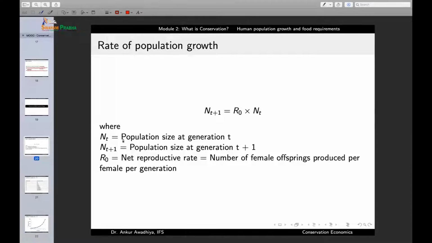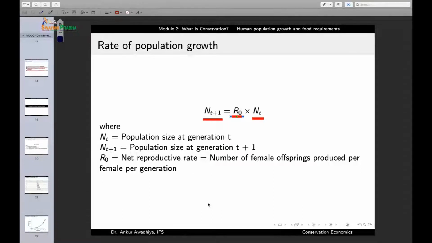So, N at time t is the population size at time t. N at time t plus 1 is the population size at time t plus 1, and R naught is the constant, which in the case of population ecology we call the net reproductive rate. So, net reproductive rate can also be expressed as the number of female offspring that are produced per female per generation.